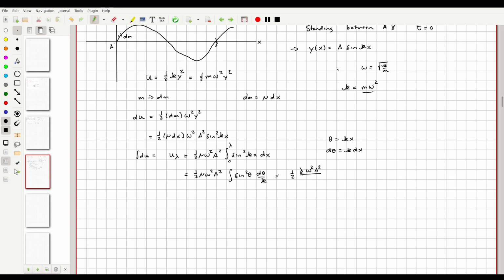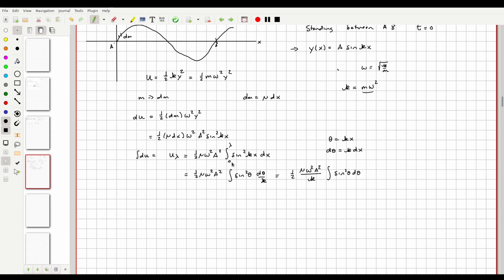There we go. So 1/2 mass density, mu, times omega squared times a squared over now k. That looks a lot better. So we have a sine squared of theta d theta. Now, let's look at our limits of integration.